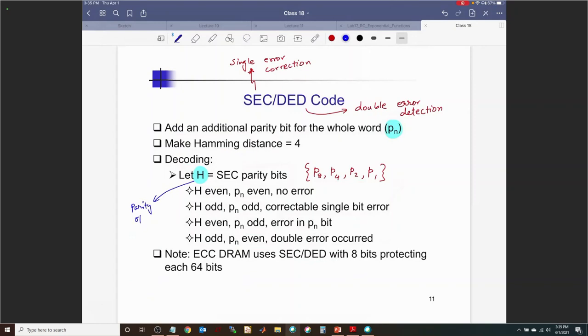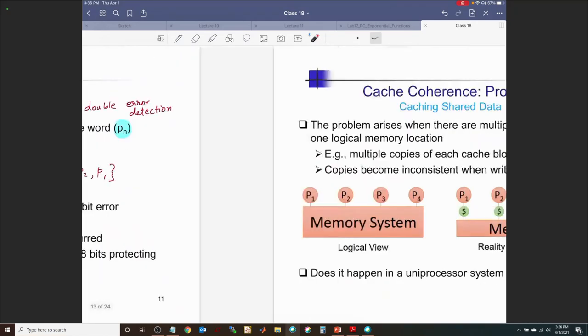And that's what you see in DRAM, which uses SEC-DED, single error correction, double error detection, with 8 bits used for protecting 64 data bits. All right, so that was a very brief discussion on double error detection.